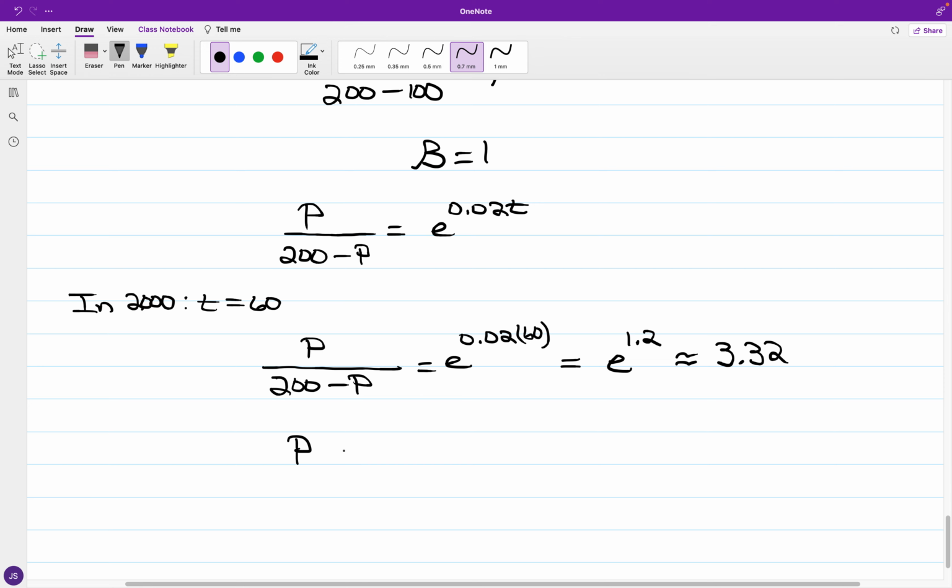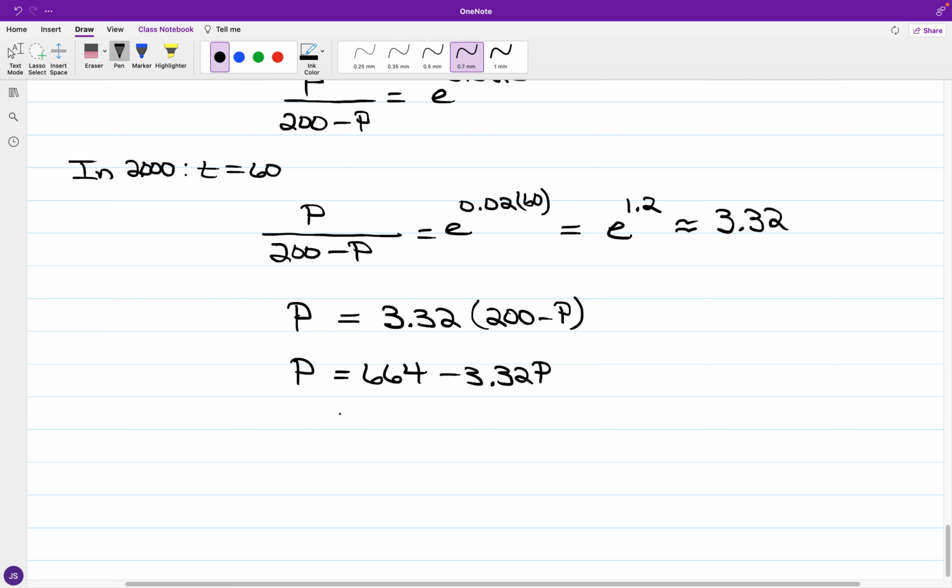And multiplying both sides by 200 minus p, and just for the follow through, you have P equals 664 minus 3.32p.